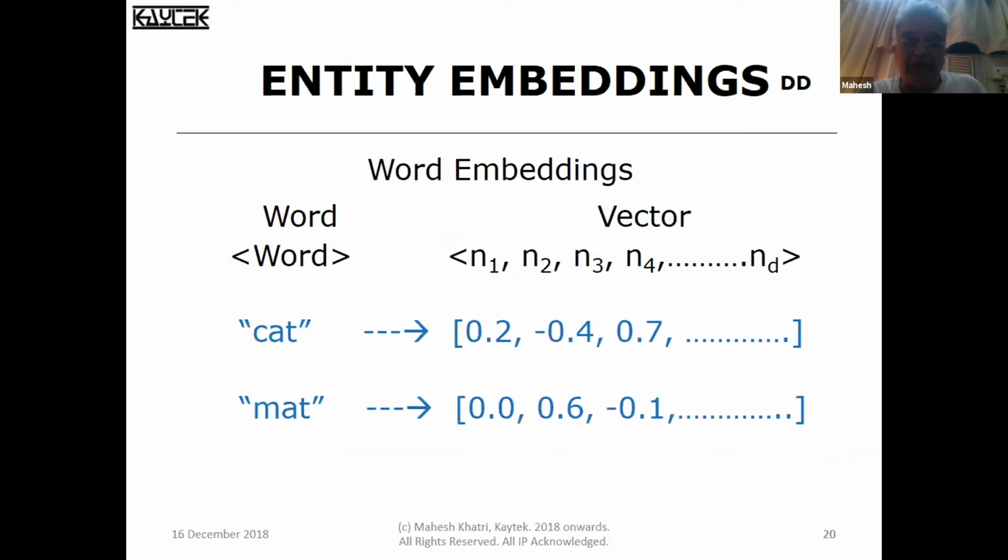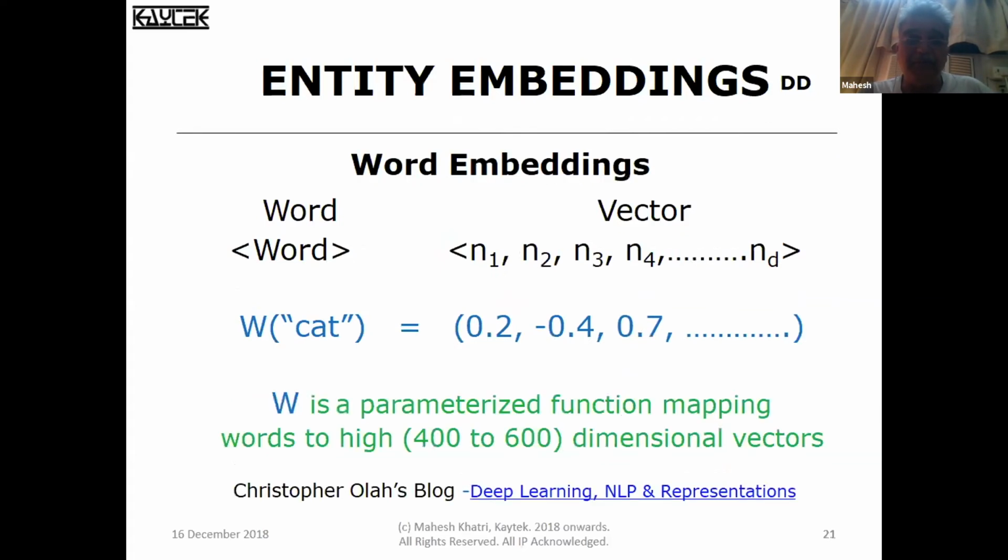So cat and mat are two words which are represented as vectors. What is actually happening is the embedding function W is mapping the word to very high dimensional vectors. This is a nice article which I have referenced, Christopher Olah's blog, which has a very nice explanation of word embeddings.